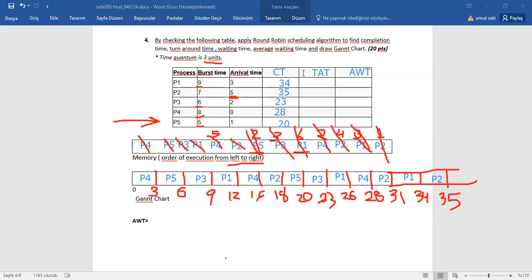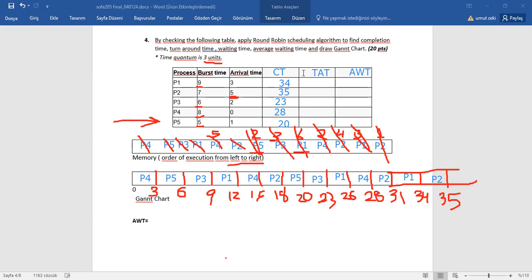You go to a bank at 2 o'clock, waited 10 minutes, and your operation is 15 minutes. So the total time you wasted in the bank is 25. Turnaround time is 25. Okay.